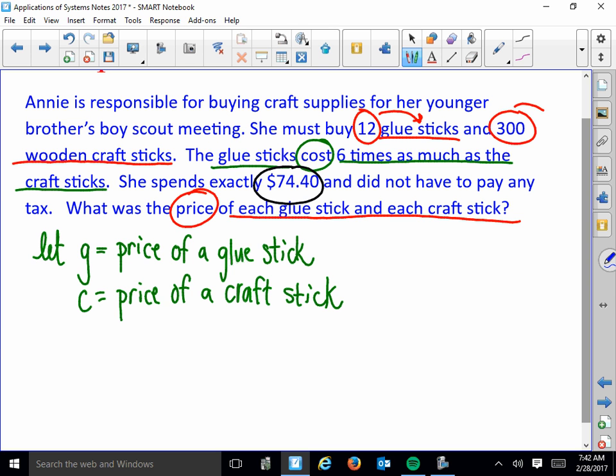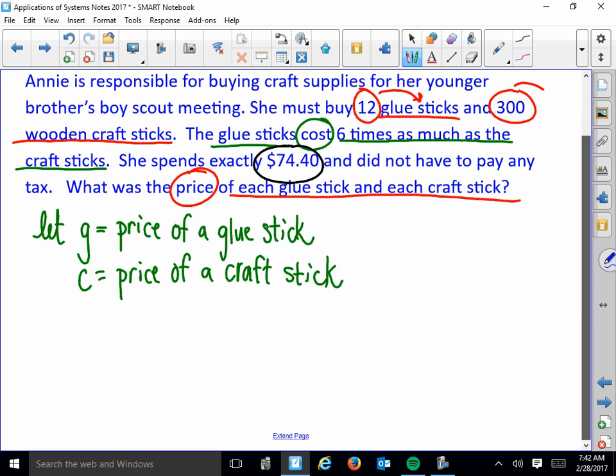Okay, well, I know that Annie needs to buy 12 glue sticks and 300 craft sticks. So let's talk about what I know. I know the information about the price of the glue sticks and the amount she spent. Let's work with the price first. She bought 12 glue sticks.